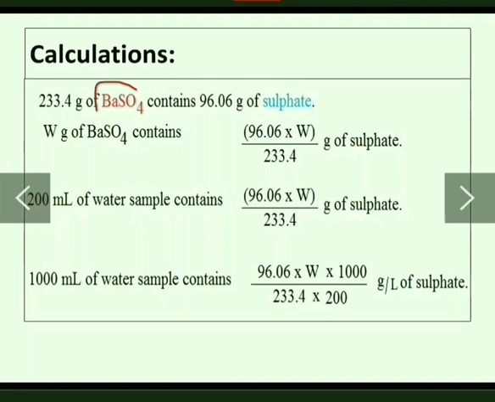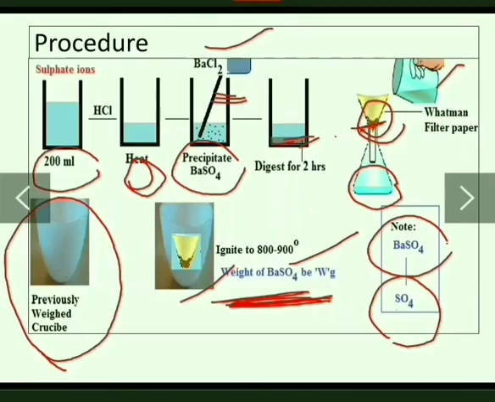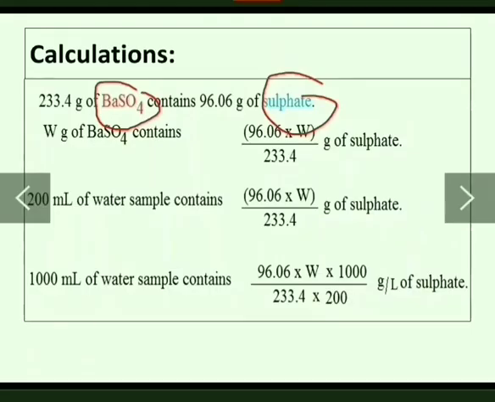The molecular weight of barium sulfate is 233.4, so 233.4 gram of barium sulfate contains 96.06 gram of sulfate, which is the molecular weight of sulfate. From the experiment we have W gram of barium sulfate.